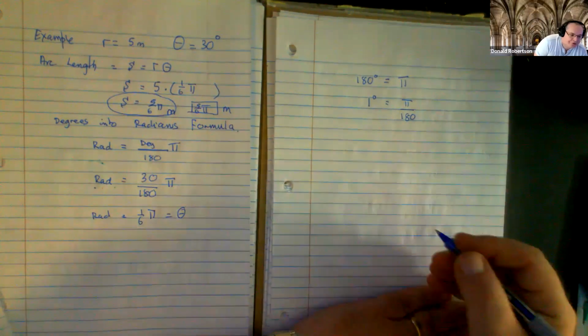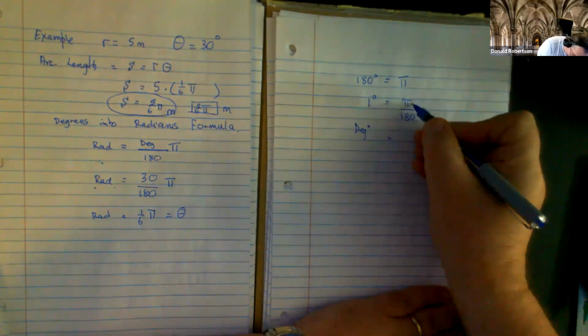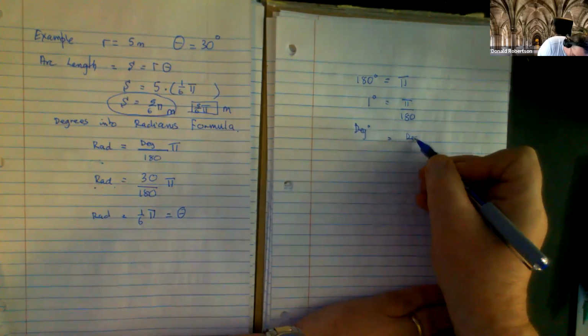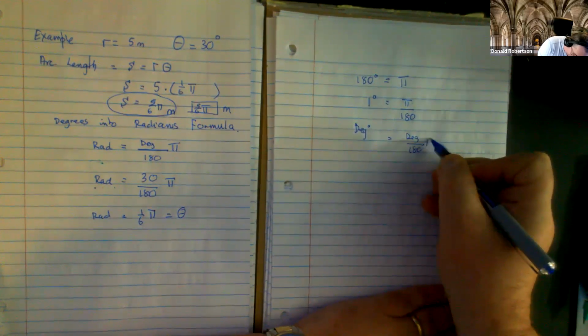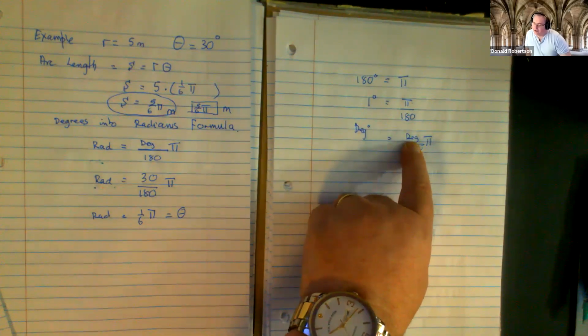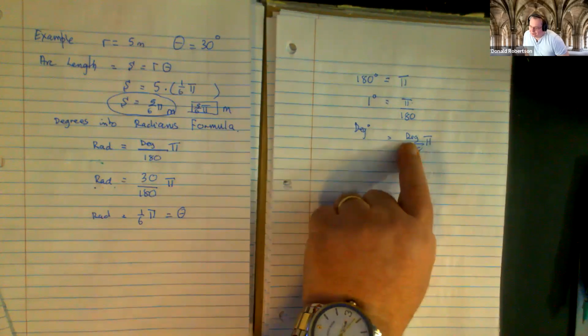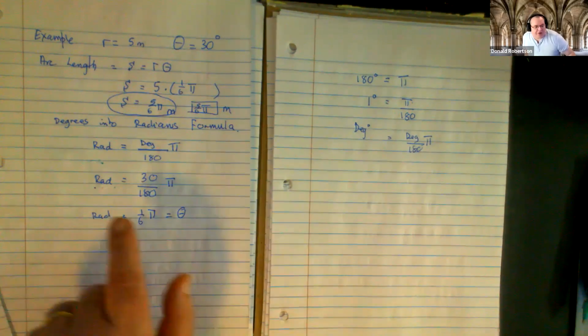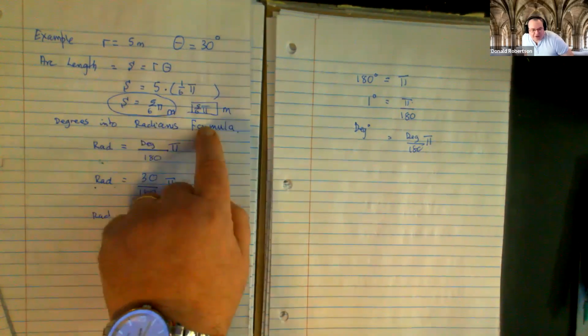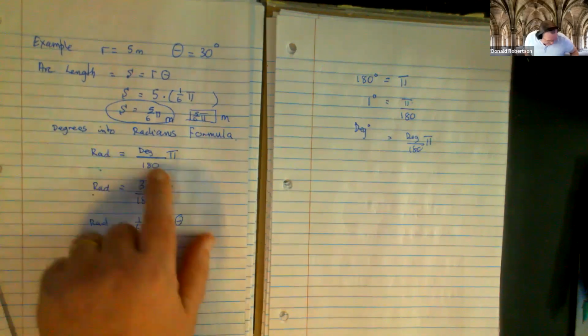So if I wanted to know what degrees is, wouldn't I just multiply this fraction by the number of degrees you want? Does that make sense? So if you want to convert from degrees into radians, which technically is probably the only direction that you're interested in these questions, then this is your guide to go to.